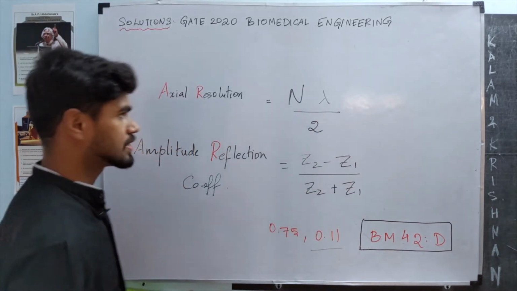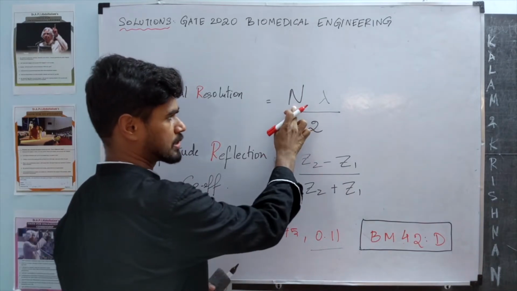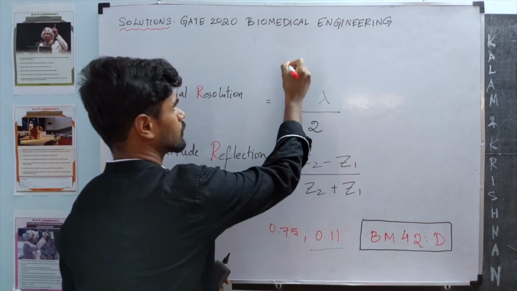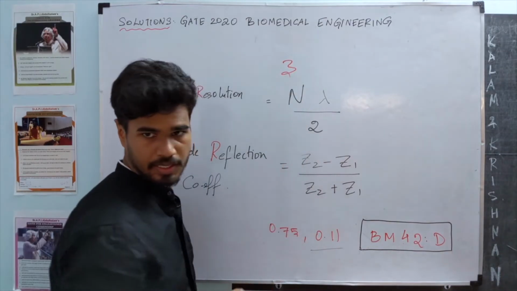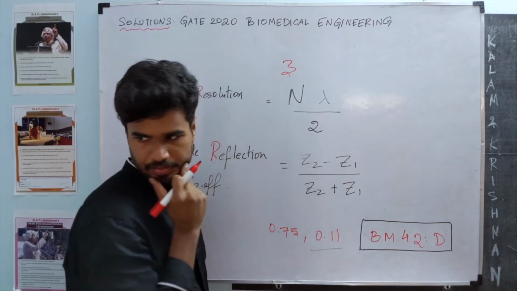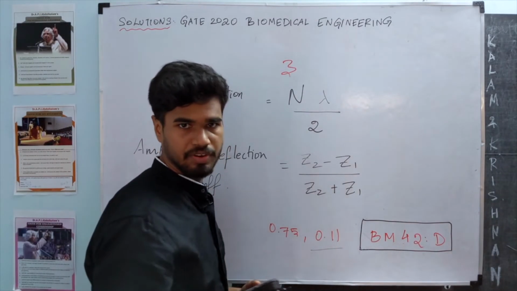Okay, first thing, the axial resolution of ultrasound is given by number of pulses times wavelength of the ultrasound by 2. We know the number of pulses is 3 cycles, right? And the lambda is not directly given, but instead the frequency is given.